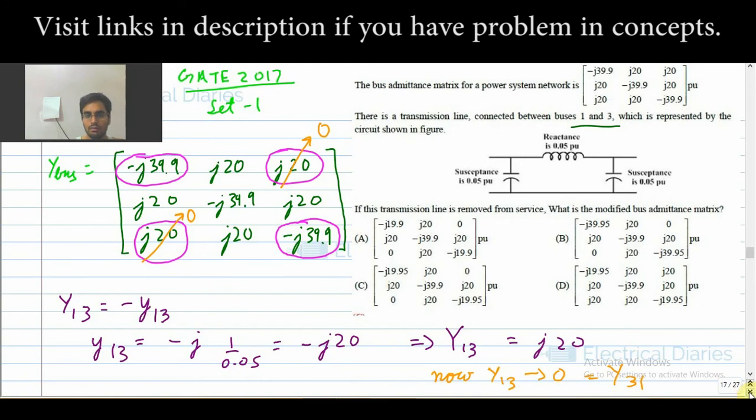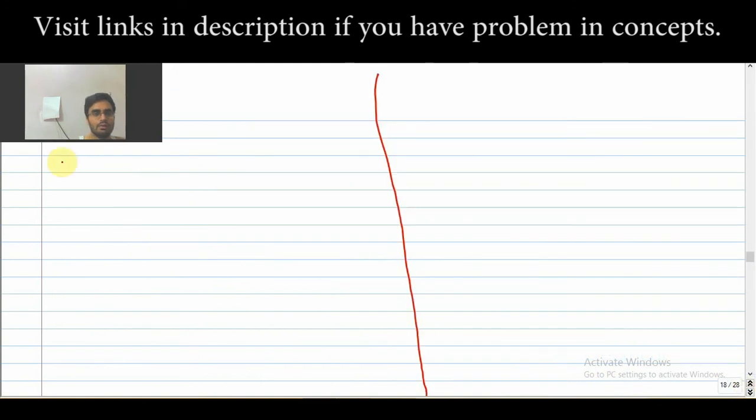Let me take a new page. See, your Y11 is given to you as minus j39.9. And the line that was given to you, which is removed, is 0.05 per unit.